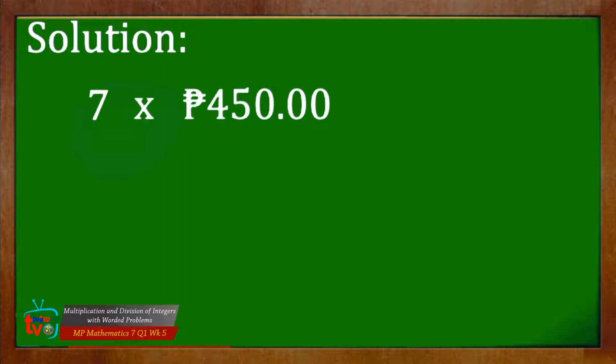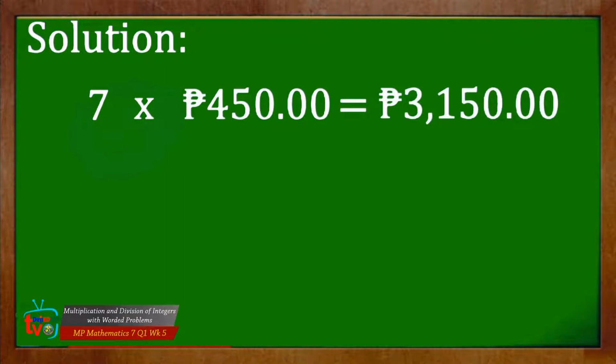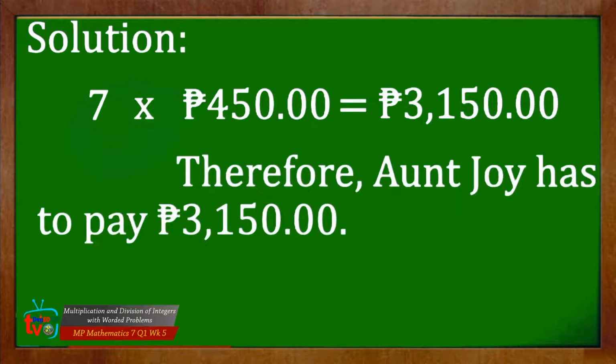To get the amount that she will pay, we will multiply 7 with the cost of each polo shirt, and that is 3,150 pesos. Therefore, Aunt Joy has to pay 3,150 pesos.